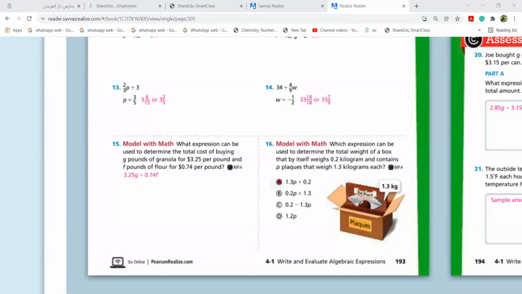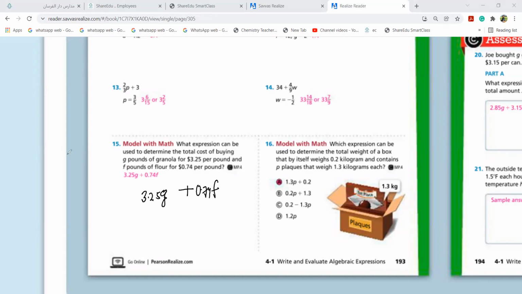Question number 15. What expression can be used to determine the total cost of buying G pounds of granola? G pounds, and each pound is how much? $3.25, so 3.25 multiplied by G pounds, and means plus, F pounds, and each pound is 0.74.